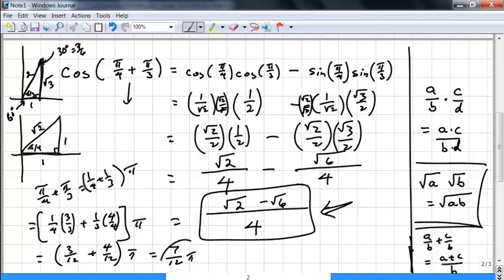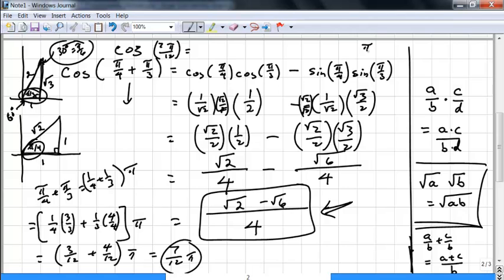So I could have started with cosine of 7 pi over 12, and this allows me to find that. So what would I have to do? I'd have to decompose that 7 pi over 12 into a sum of two things that we know how to do. Well, what do we know how to find exact values for? Well, pi over 6, pi over 4, pi over 3, pi over 2.